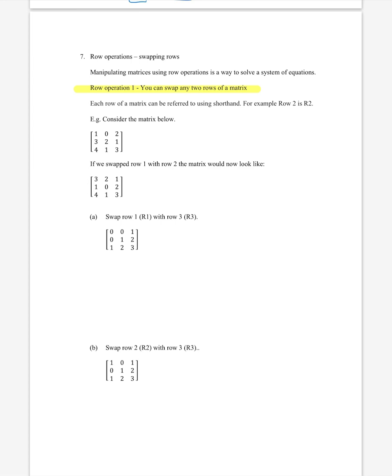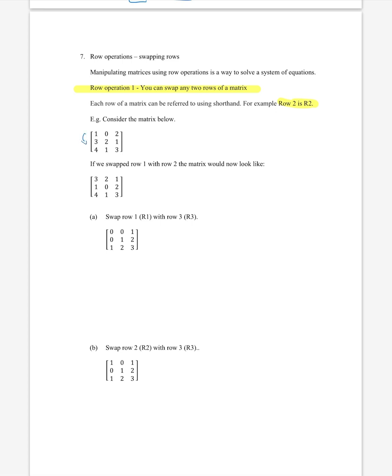And when we're actually doing these processes, the rows are referred to in shorthand, so row 2 would be R2. Okay, so if we look at this matrix here, 1, 0, 2, 3, 2, 1, 4, 1, 3. If we decided to swap row 1 with row 2, the matrix would now look like this.